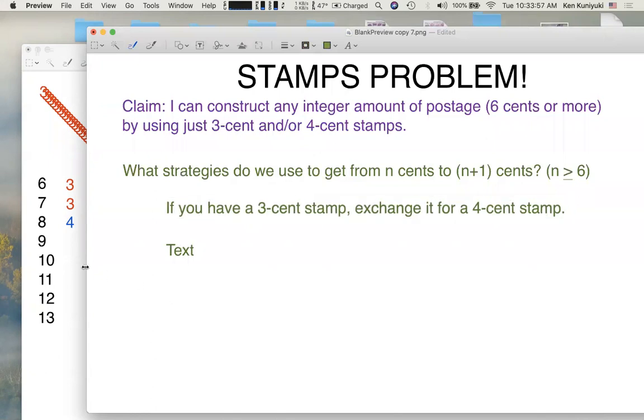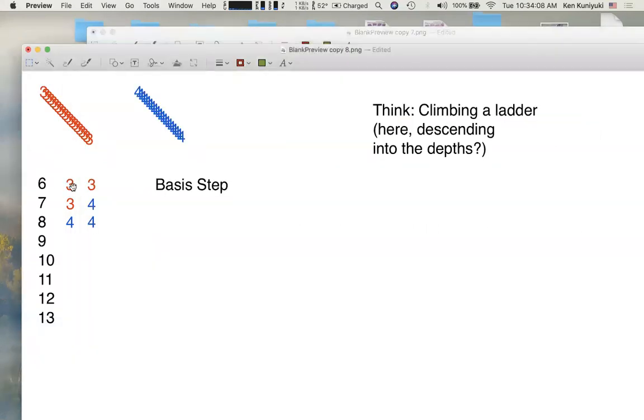That seems to be an easy way to go from n cents to n plus 1 cents. Again, to go from n cents to n plus 1 cents, if there is a 3-cent stamp in your current configuration, trade it in for a 4-cent stamp. Trade a 3 in for a 4 here. Trade this 3 in for a 4 here.